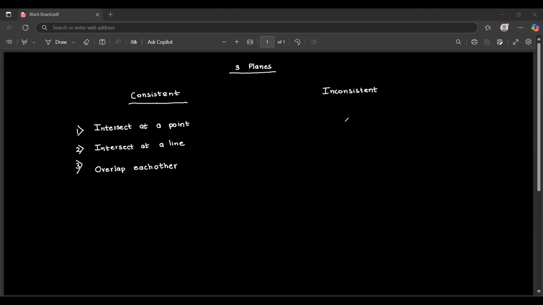But in inconsistent, if you can't find the answer, there are especially four types. Let me go one by one. First, the planes are parallel and distinct to each other.